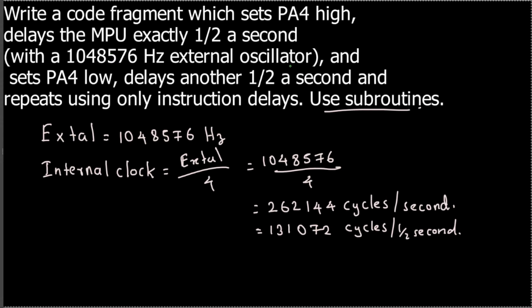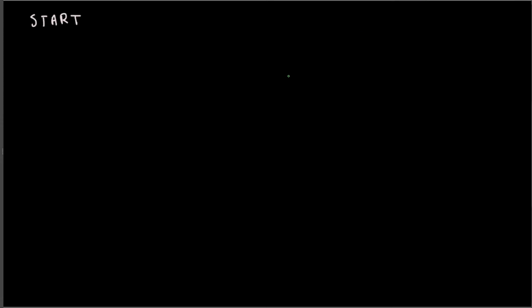Let's go ahead and write it out. First, write the start here, and we have to set PA4 high and PA4 low. PA4 high is 16, PA4 low is 0. So to set PA4 high, I load accumulator A, LDA, and here I'm going to load 16 for it.